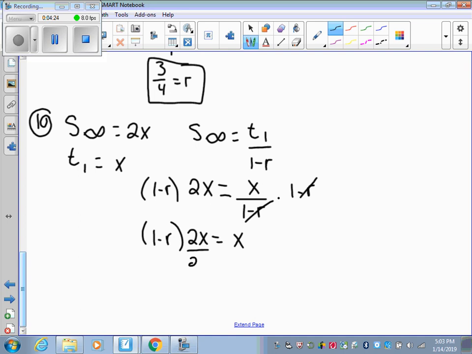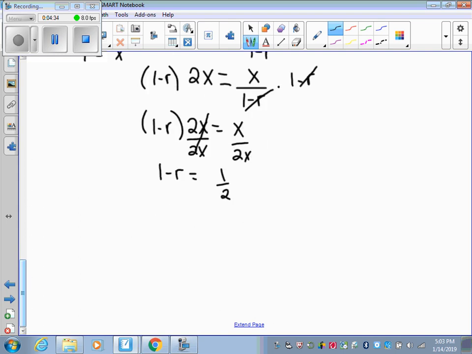Divide both sides by 2x. Now we're done. You'll have 1 minus R equals, those x's will cancel and you're left with 1/2. And again, that means 1 minus 1/2, you move the 1/2 to the side and the R over there. So you have 1/2 equals R. Okay? So there are some examples from homework that may have caused a little bit of trouble.